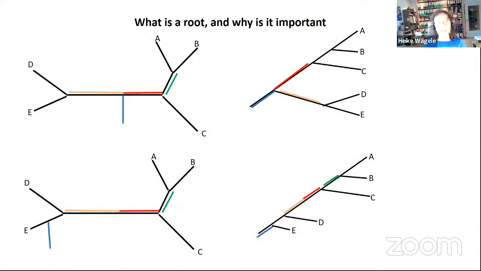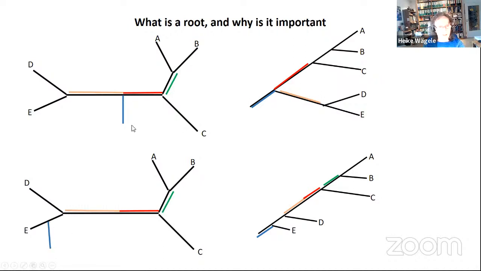And now the rooting. The root is set artificially by the program. So actually we may want to have it here because we know from morphological characters that it has to be like that. But the tree reconstruction program might set it here.